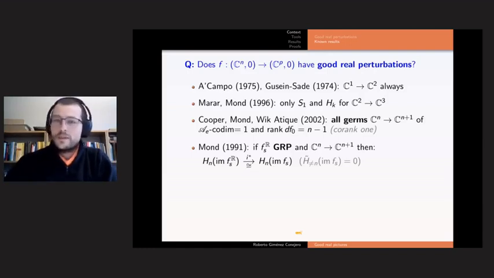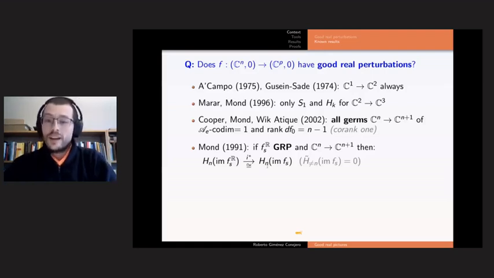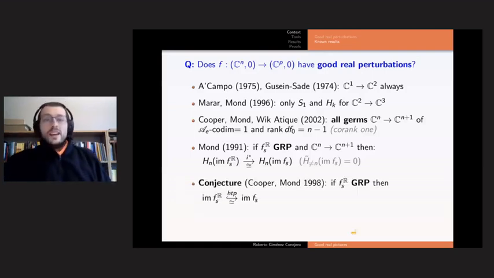And when you go from Cn to Cn+1, this Hn is the only non-trivial homology for the complex image. So this is basically saying everything about the complex image in terms of homology. And you also have this conjecture of Cooper and Mond, which asks not only in homology, but are they homotopy equivalent? Is the inclusion of a good real perturbation in the complex a homotopy equivalence?